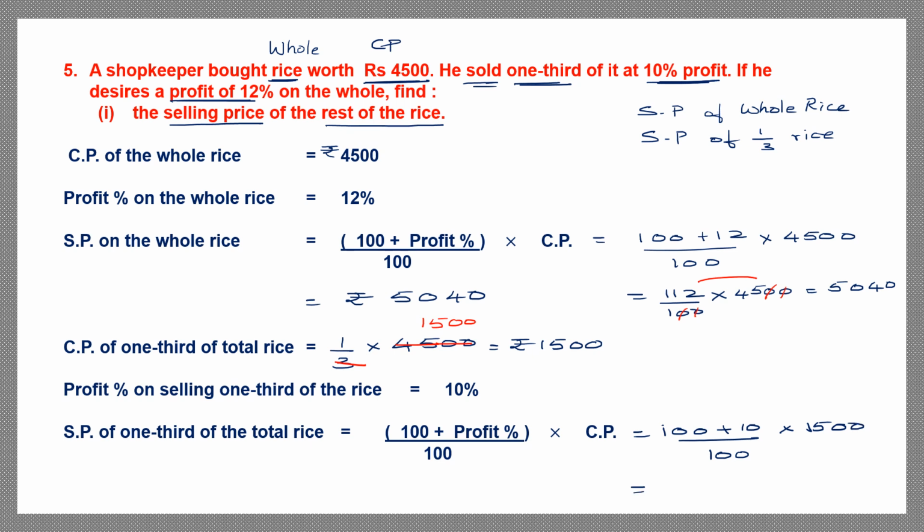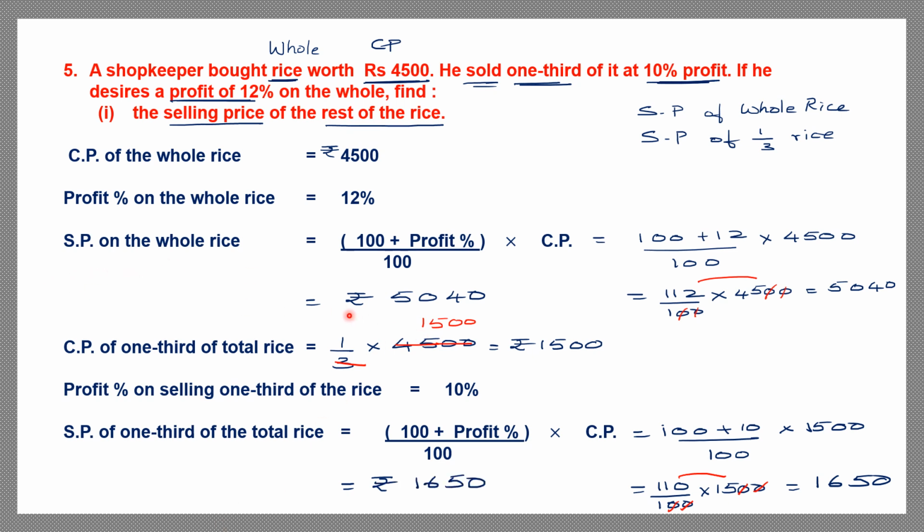So this is 110 by 100 into 1,500. So let's cancel this and multiply 110 into 15. That is 1,650. So we have found the selling price of one third of the rice also, which is 1,650 rupees.